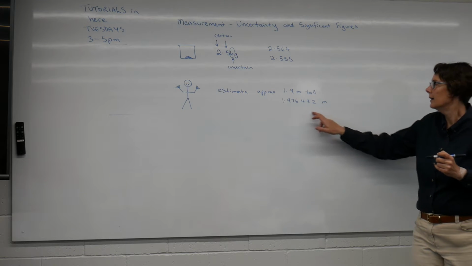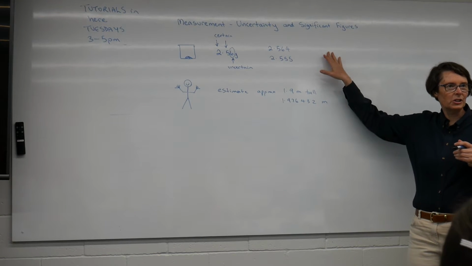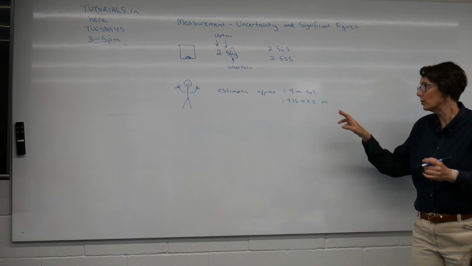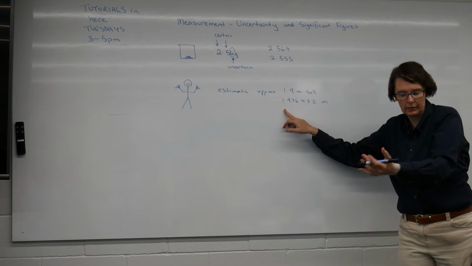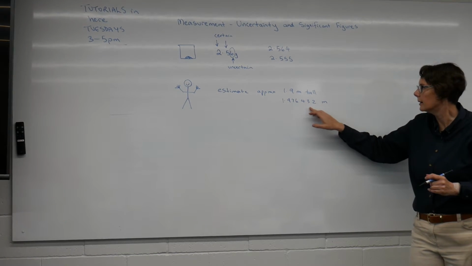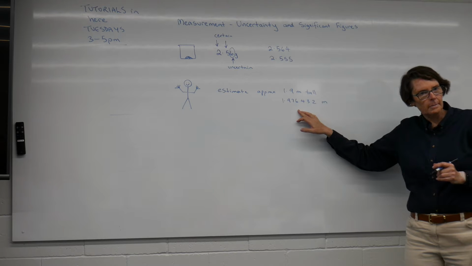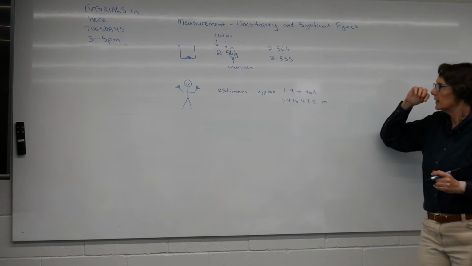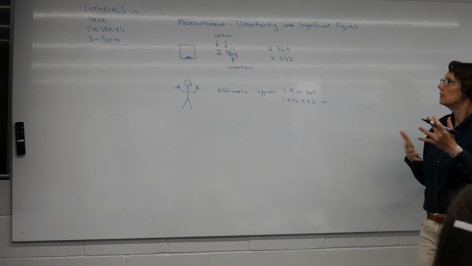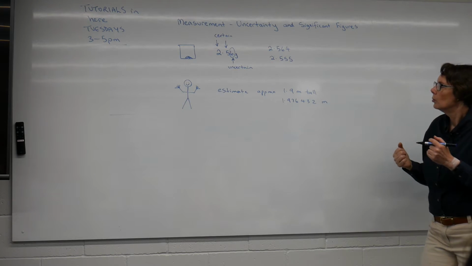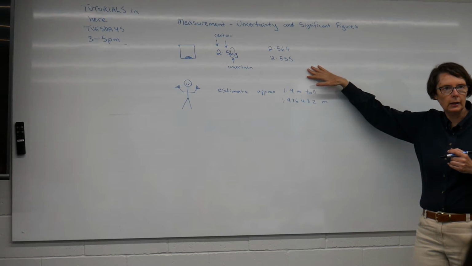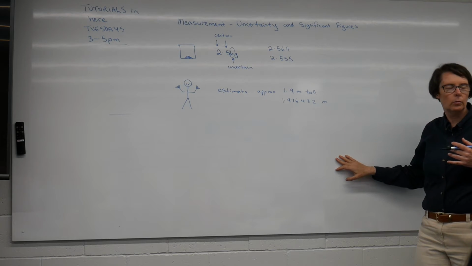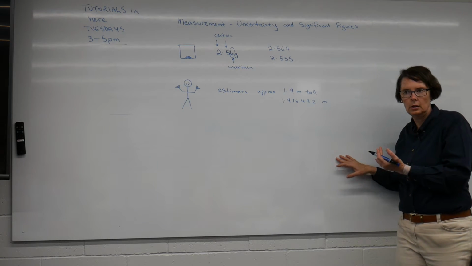So that's why when you've done a calculation, if you just write down all the numbers at the end as your answer, just spew out the numbers from the calculator, it's a bit ridiculous because it's implying an accuracy that just wasn't present. Now, the way we calculate is we carry all the values in the calculator until the very end. And then we look to see what was given in the question.